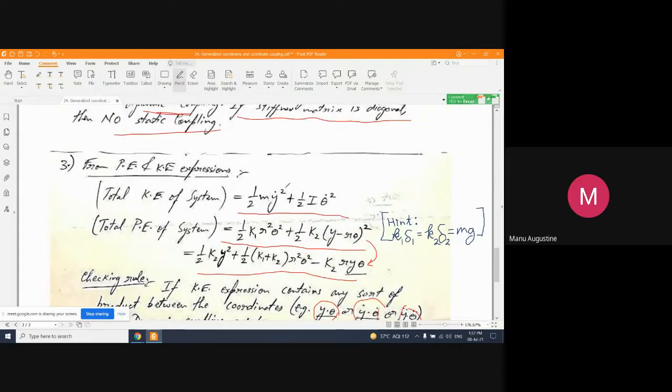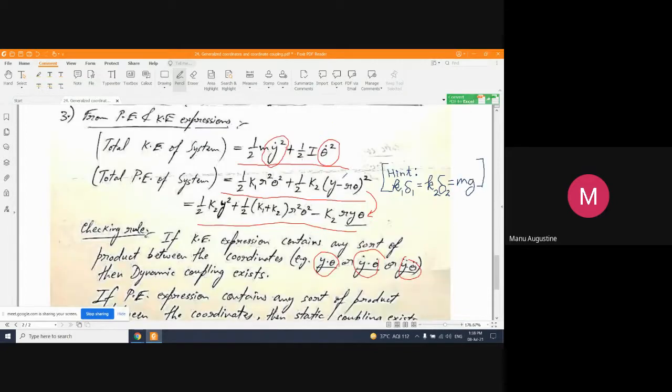Do you find it? I see y dot getting multiplied with y dot itself. I see theta dot getting multiplied with theta dot itself, but I do not see any term in which I see a marriage between y and theta, y dot and theta dot, and y double dot and theta dot.